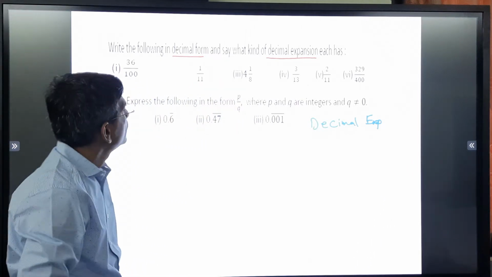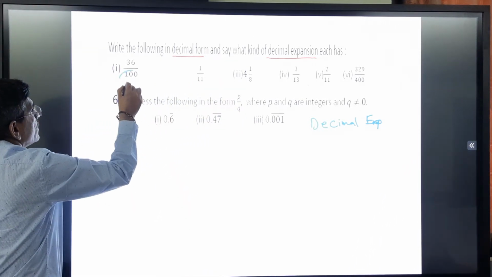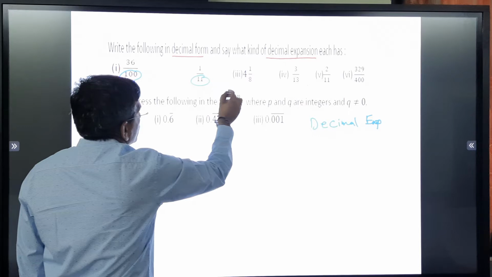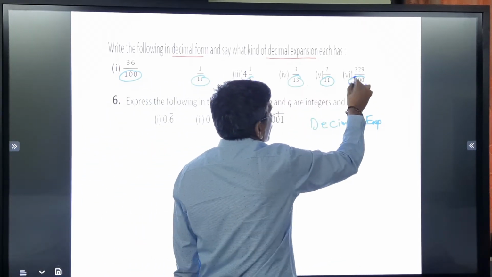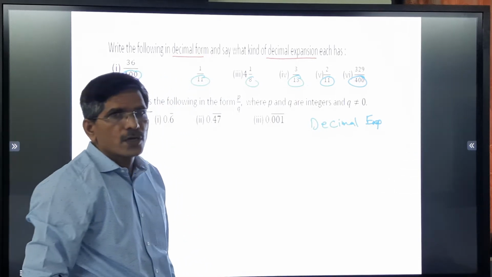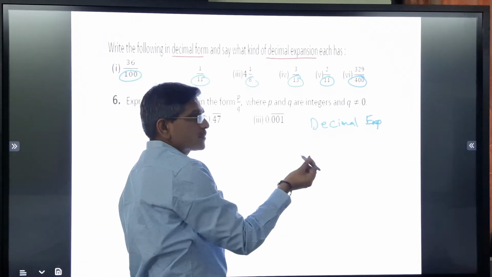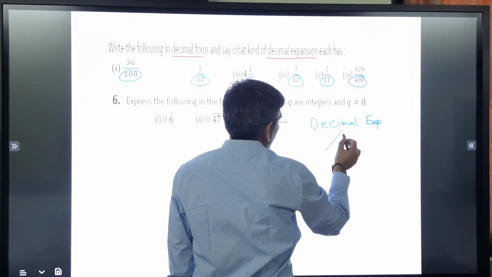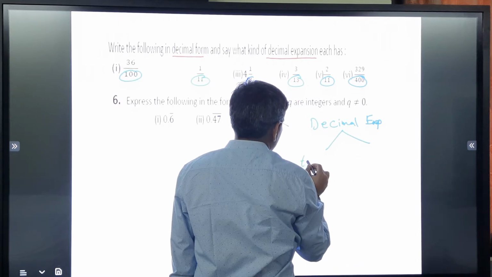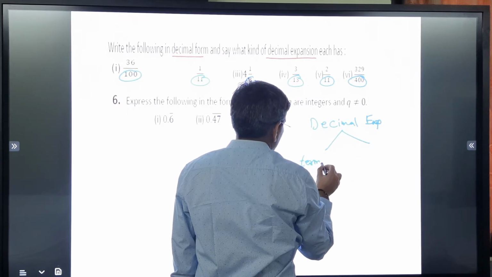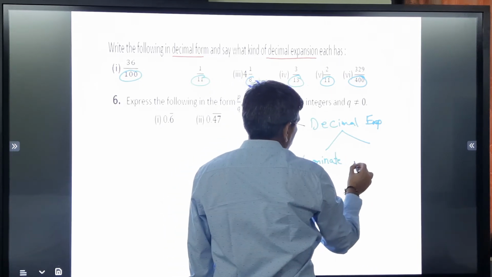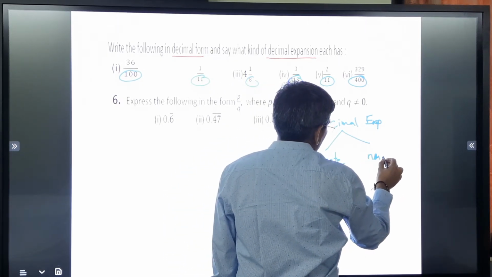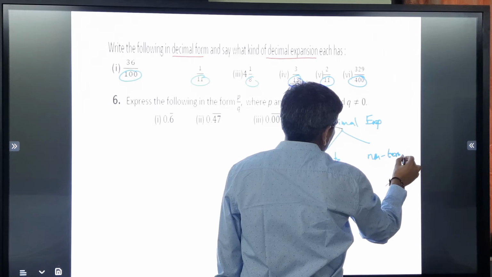Here 100 is there, here 11, here 8, here 13, here 11, here 400. If I want to convert any number into a decimal expansion, there are two types. One is called terminating and another is non-terminating.